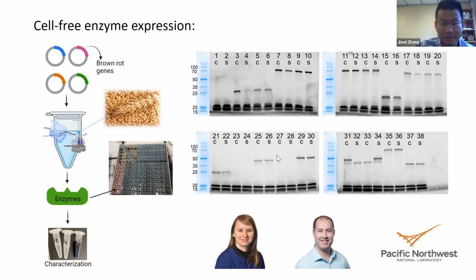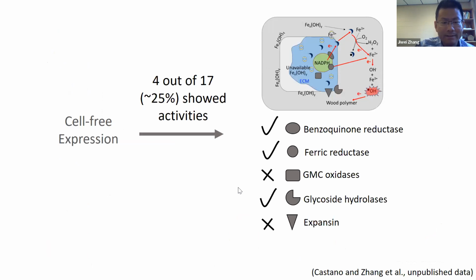So we expressed these enzymes, and we still have a very low success rate using this cell-free expression. Only 25% of the enzymes can be successfully expressed to have activities. This includes some benzoquinone reductase. If you still remember, this is the enzyme used for producing hydroquinones. Hydroquinone is the fungal metabolite that carries the electrons.